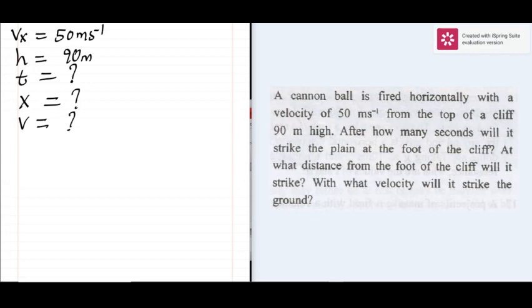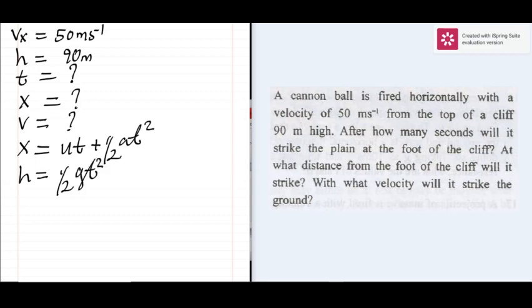From the equation of motion, x = ut + half at squared. This equation would derive to give us h = half gt squared. So this equation we use to find the time.